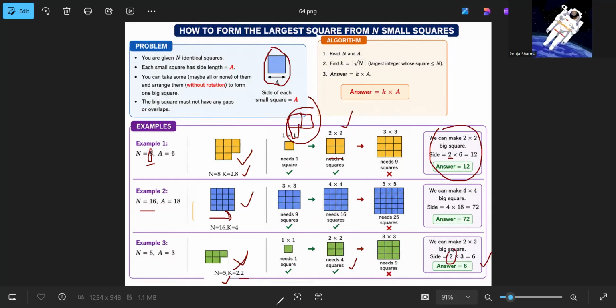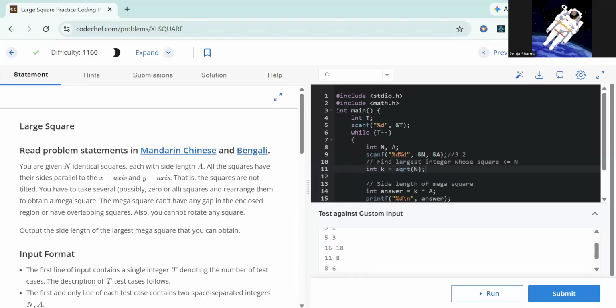Let's come back and share this question again and see what logic we have used to build this. Here you have n identical squares and each square has a side A. All the squares have sides parallel to the x-axis and y-axis, that is, the squares are not tilted.